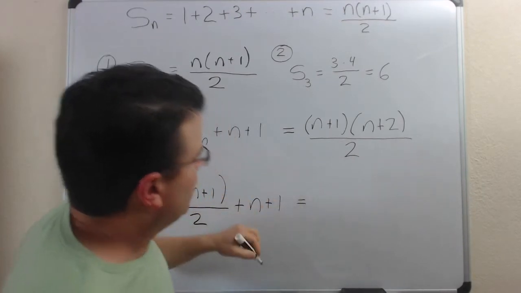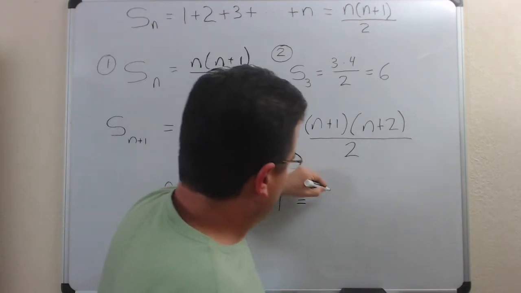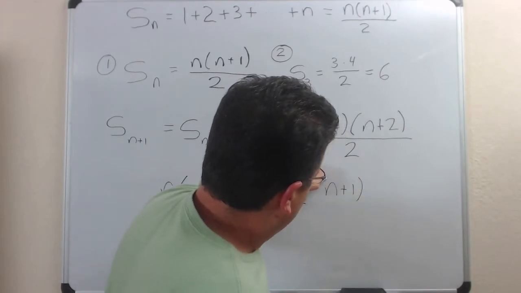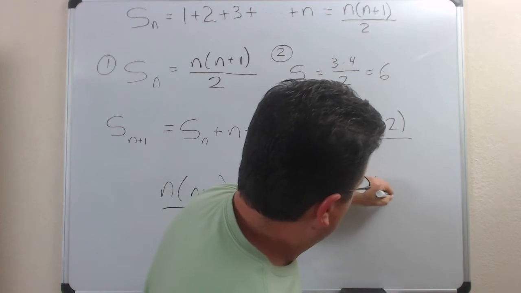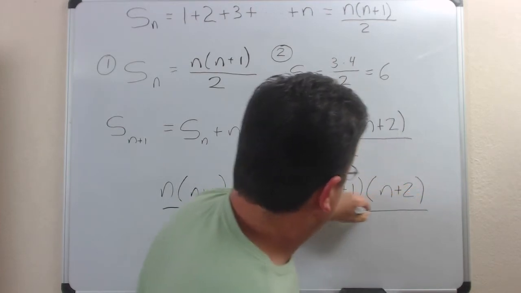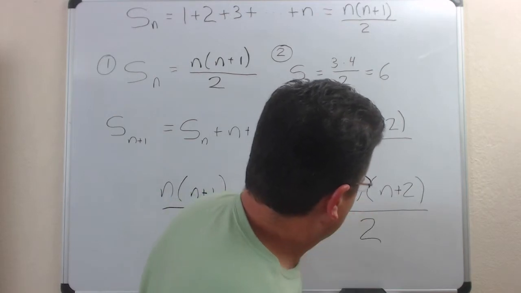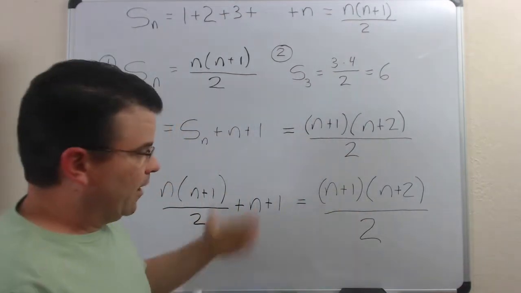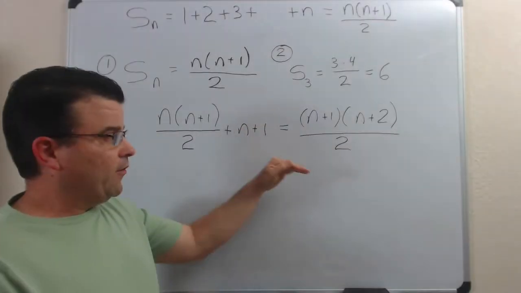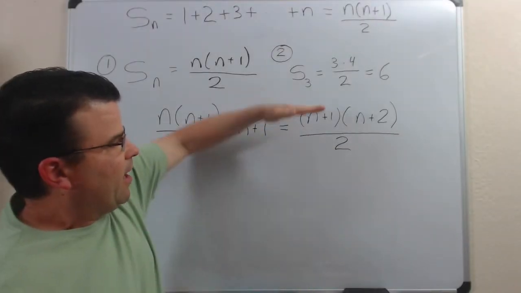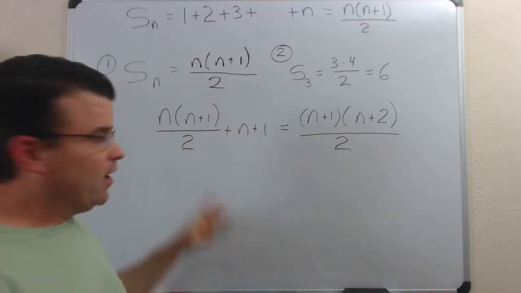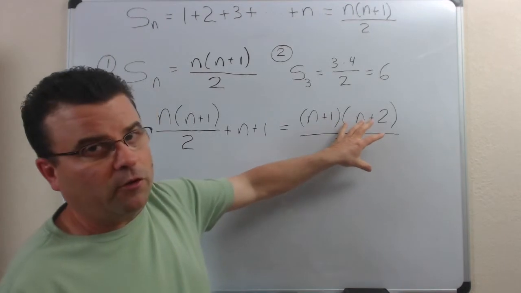And that's equal to n plus 1 times n plus 2 over 2. I've run out of board, so I'm going to clean it up a little bit. I ran out of space, so I just shifted this up so that I would have more space to do writing. But we're still trying to prove that the left side is equal to the right side.